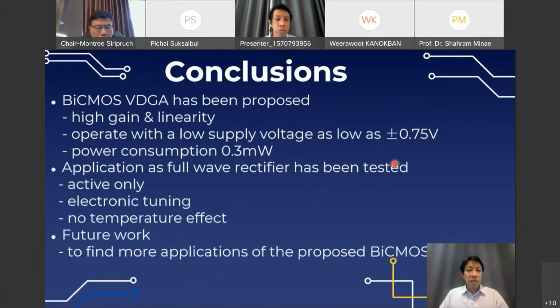The application as a full wave rectifier has been tested. This circuit has the advantages of active only, electronic tuning, and no temperature effect. For future work, we will find more applications of the proposed BiCMOS VDGA. Thank you.